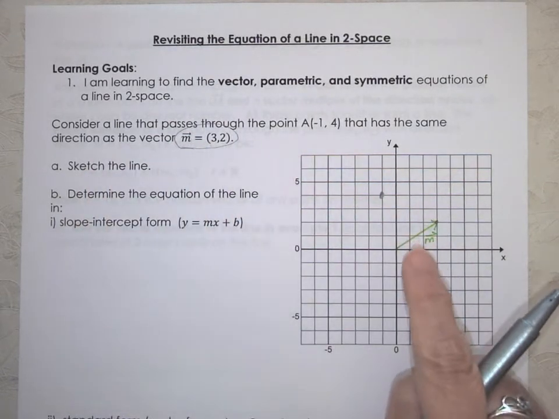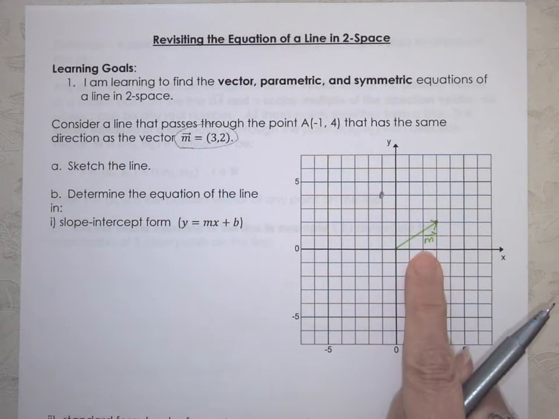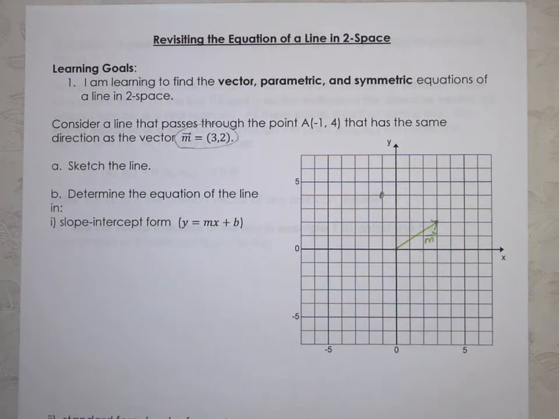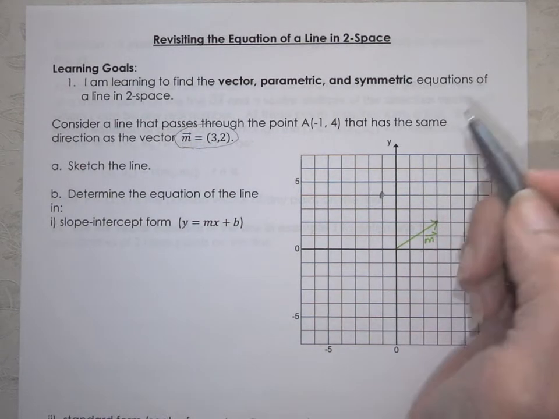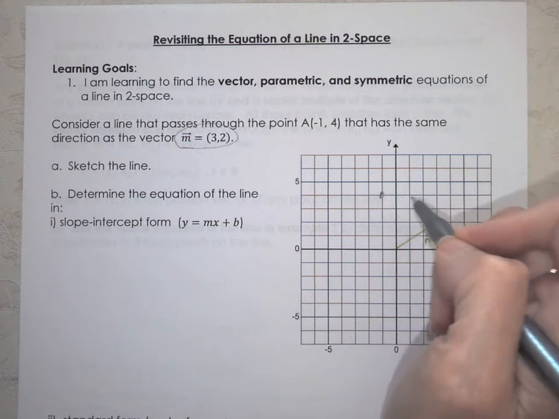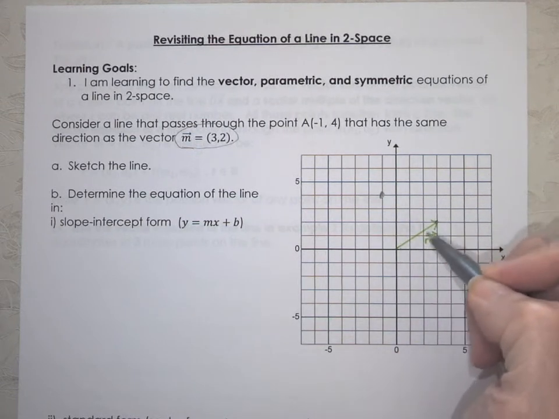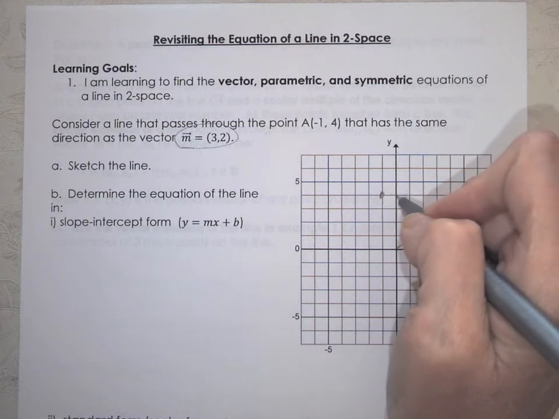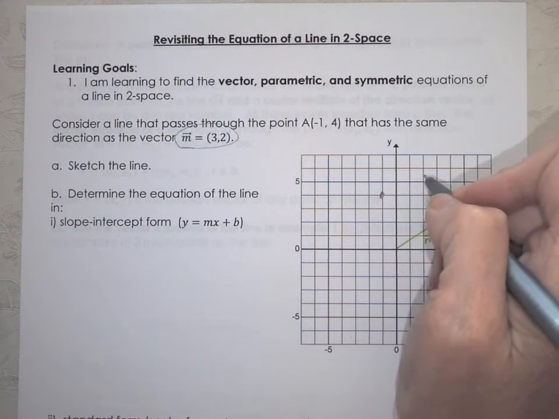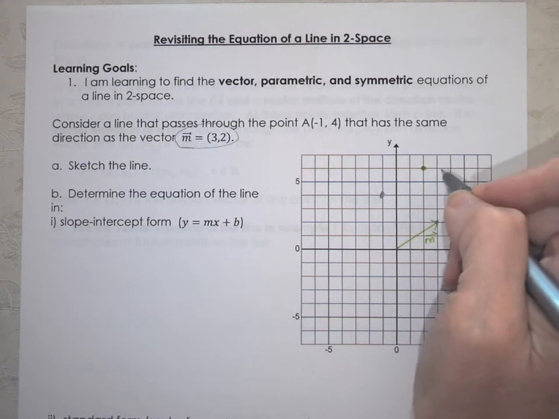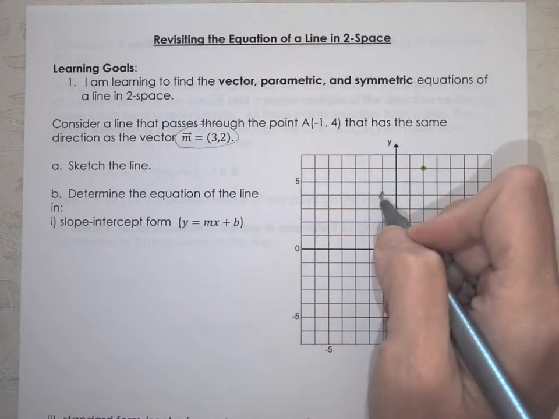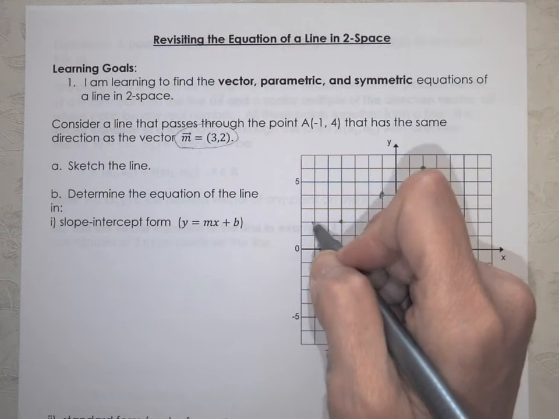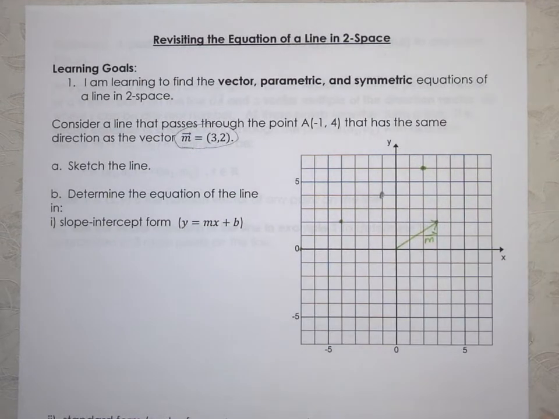If a line goes through this point but has this direction vector, it's saying that it's parallel to this vector. So it's similar to a slope. If we want more points on the line with this direction, then from this point we would go over 3 to the right and up 2, which doesn't fit, so we could reverse it, like that.